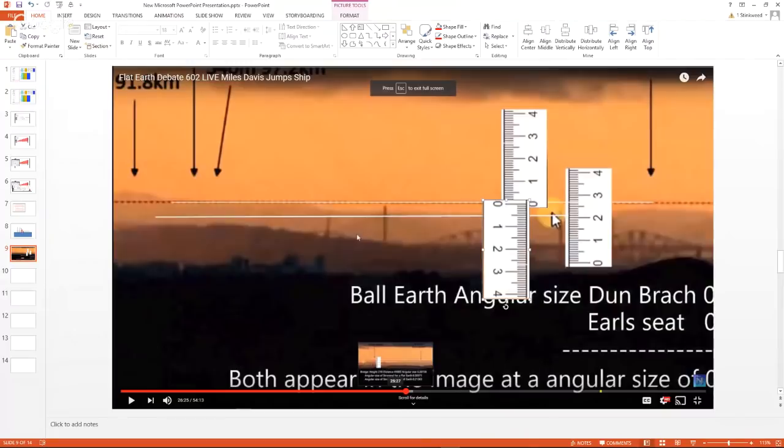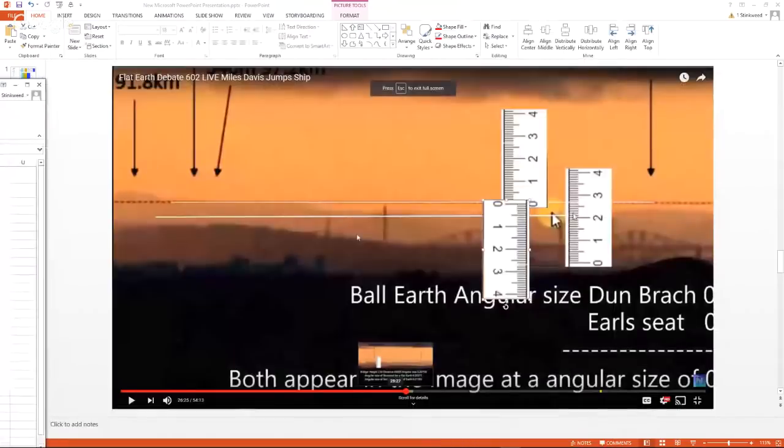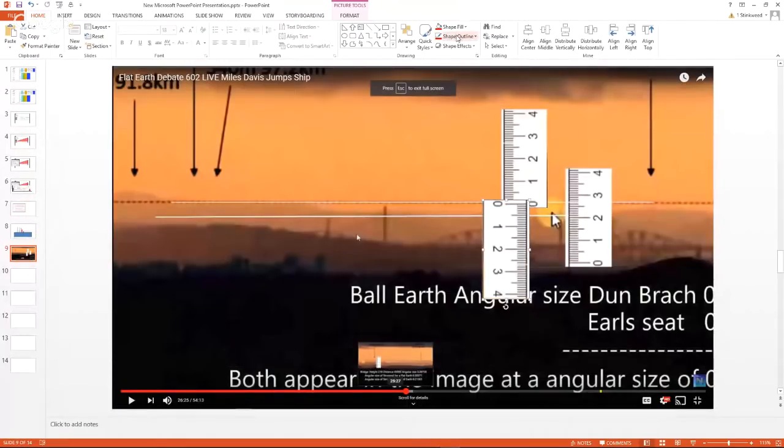For example, let's get one that's got some distance on it. Okay, Michael Ben. It should be 0.225 above. So that puts that.